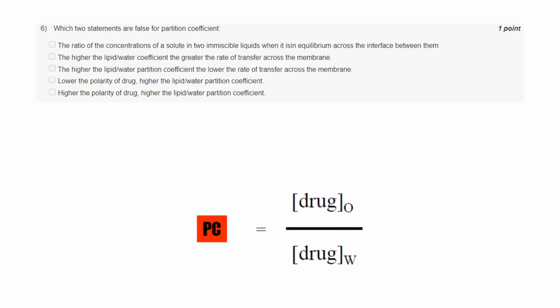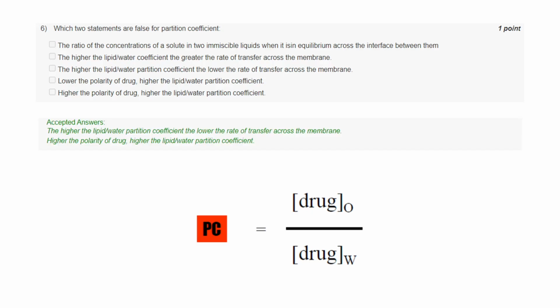And the second option: the higher the lipid water coefficient, the greater the rate of transfer across the membrane. Sorry, whoever said the third option is the right answer was actually right. My bad. It's asking us for the false statements. So the higher the lipid water coefficient, the higher the rate across the membrane, because it's more hydrophobic in nature, and we know that the cell membrane has lipid molecules attached to it, so it is also comparatively hydrophobic in nature.